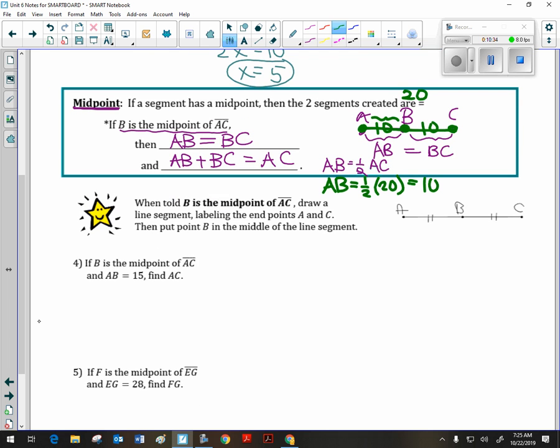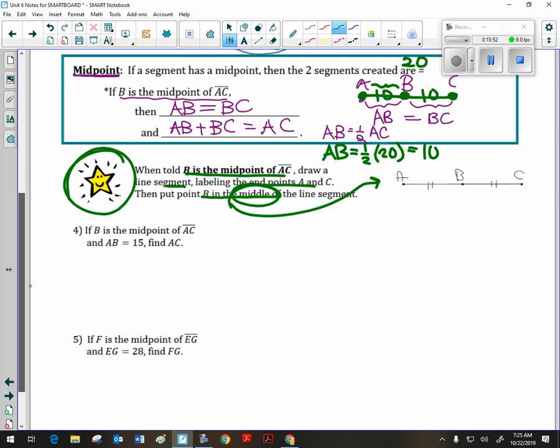So they tell us here what we're drawing. If we're told B is the midpoint of AC, we're going to draw a line segment. We're going to label the endpoints with A and C, and we're going to put B in the middle of that line segment. So you can see they've drawn a picture over here for you. We're going to be drawing that same picture.